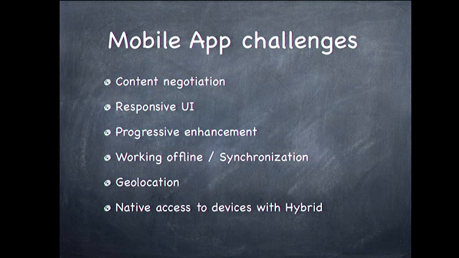One of the mobile app challenges is, first of all, you need content negotiation. So we have a Grails plugin also, Spring Mobile, which allows us to know if you are on a mobile or a normal application. Responsive UI and progressive enhancements are really good with jQuery Mobile. jQuery Mobile downgrades depending on the browser used, so it works on many platforms.